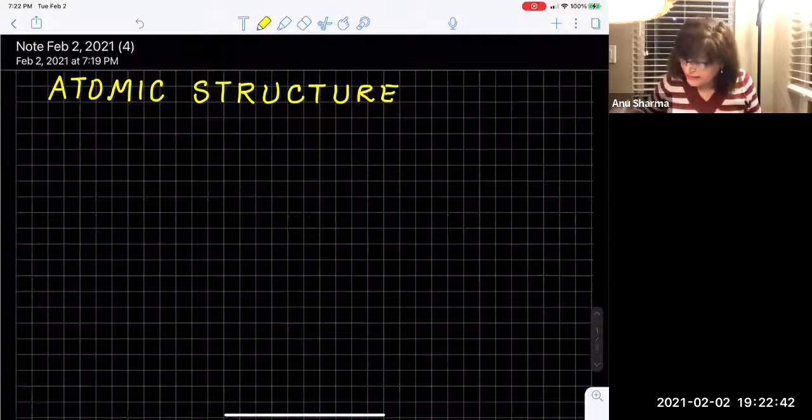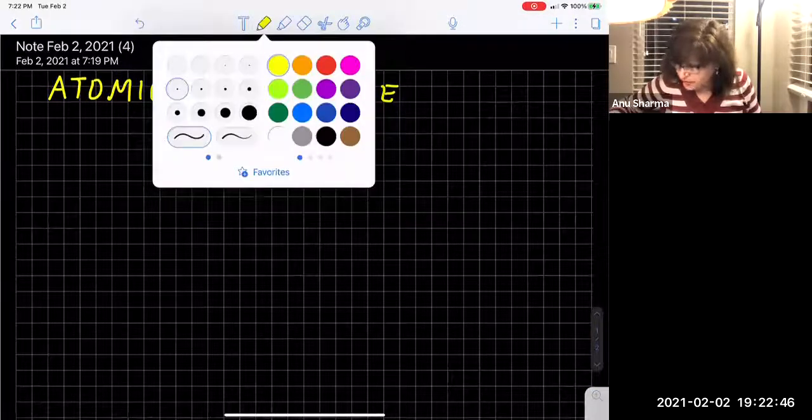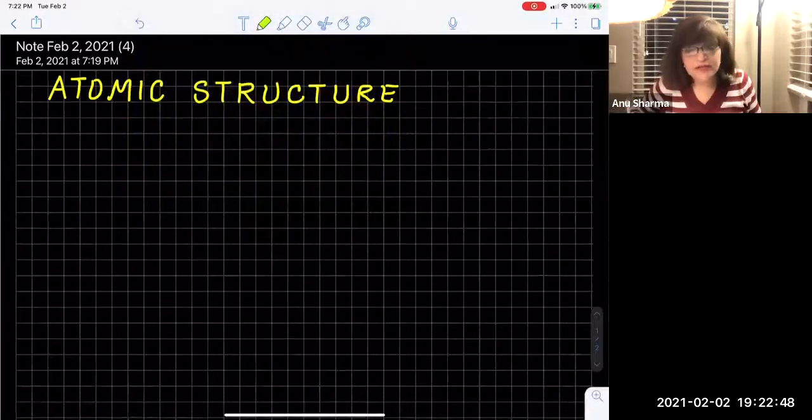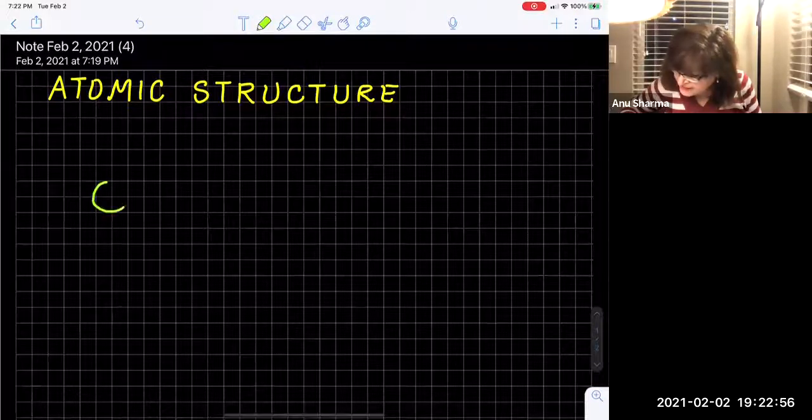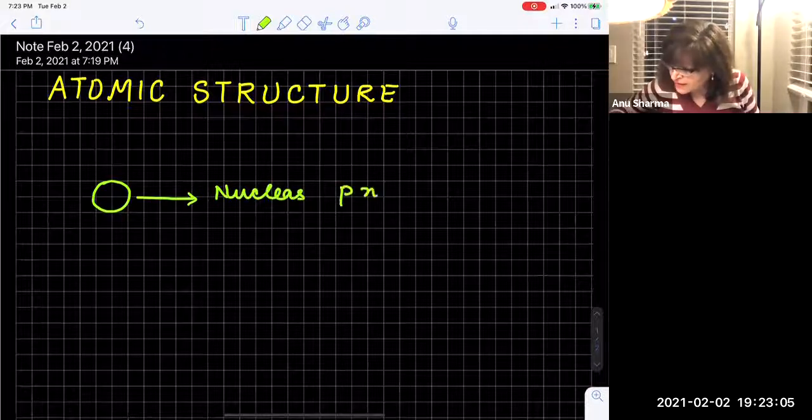But let's look at one of the basic things here: Niels Bohr came up with the structure of the atom, and he studied the hydrogen atom, and he found that the nucleus is in the center, and this nucleus contains protons, which are small particles, positively charged.